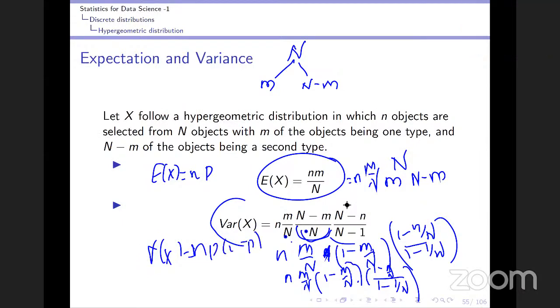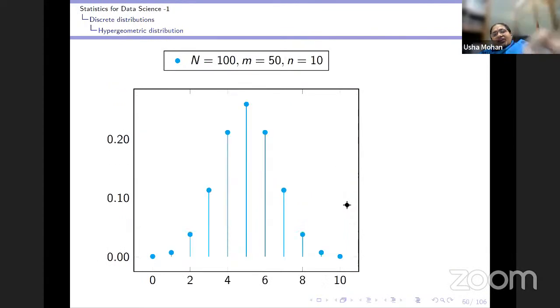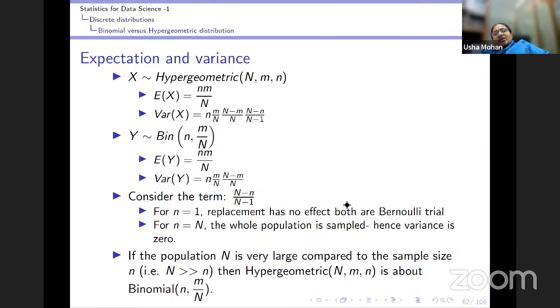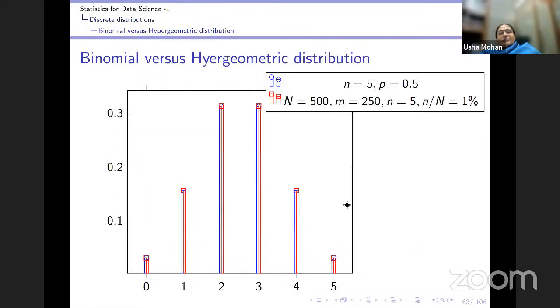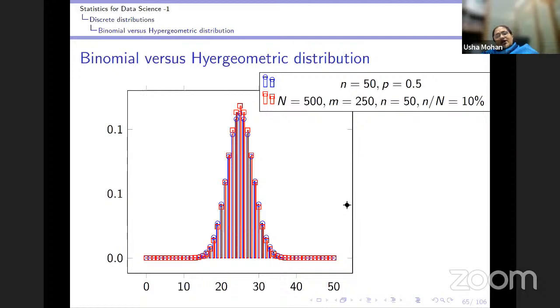So you can see that when m by N is constant, and N is very large and m is also very large compared to the small n, the binomial and hypergeometric are almost the same. Can you see that?